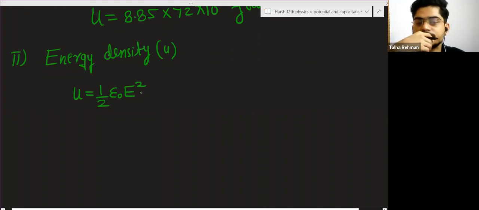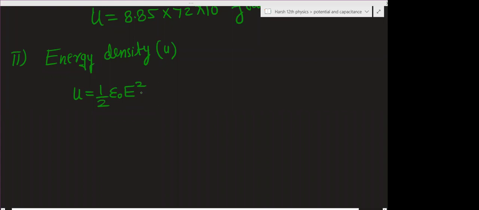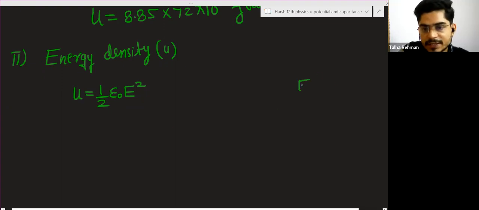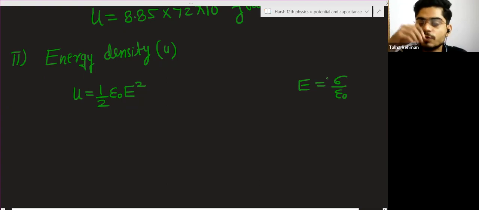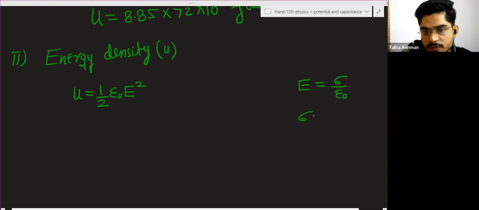We know that the electric field has a formula sigma by epsilon naught. We have epsilon naught, but we do not have sigma. So sigma is Q, means charge, upon area. We have area 90 centimeter square, but we do not have charge.